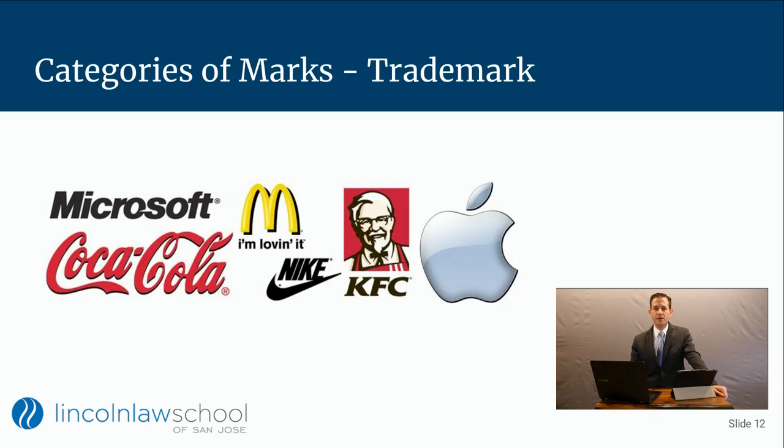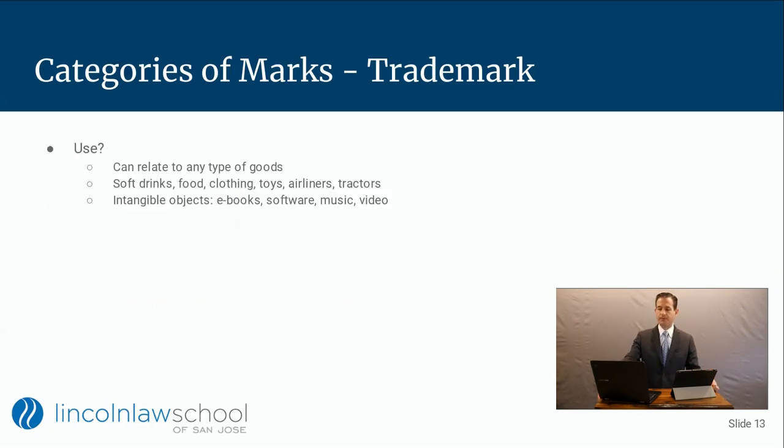So each of these may include, with businesses in general, not only a logo that helps to establish the branding of the product or service to the consumers, but additionally, you might also have words or phrases that are associated with the company as well. So the use of trademarks may relate to any type of goods: soft drinks, foods, clothing, toys, airliners, even tractors. And it can also relate to intangible objects as well: ebooks, software, music, and video.